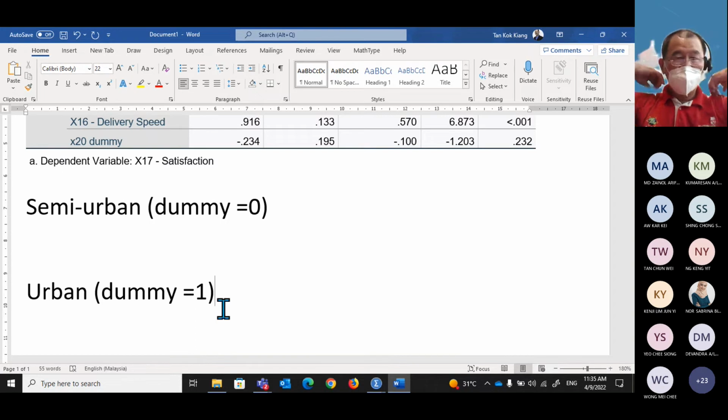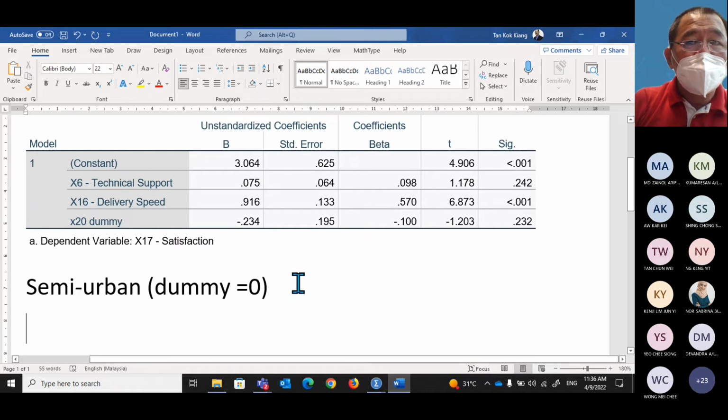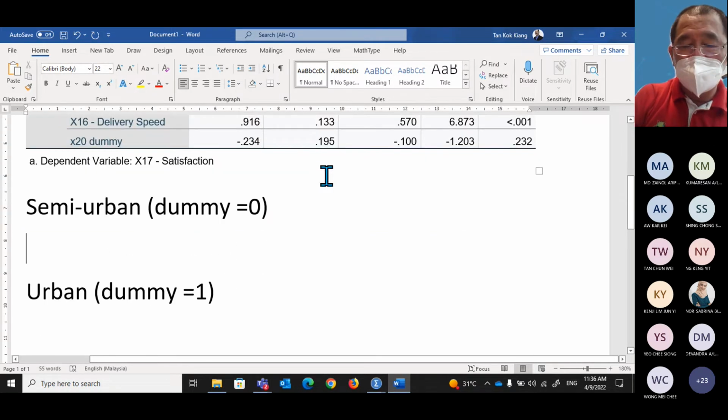For this part, it's a little bit different compared to just now. Because this variable has two categories, therefore we get two equations.